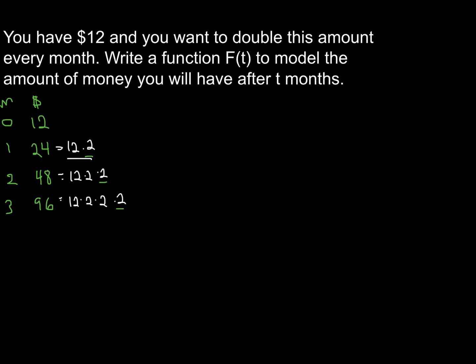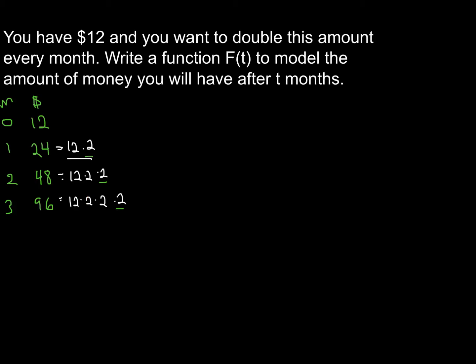After 3 months, I'll have doubled it once, twice, 3 times. So to double something once, you multiply it by 2. To double something twice, you multiply it by 2 times 2, which is 2 squared. To double something 3 times, you multiply it by 2, and by 2 again, and that's 2 to the third.